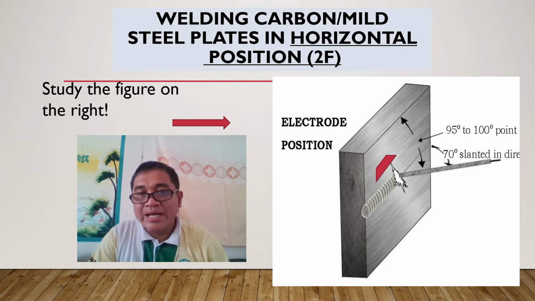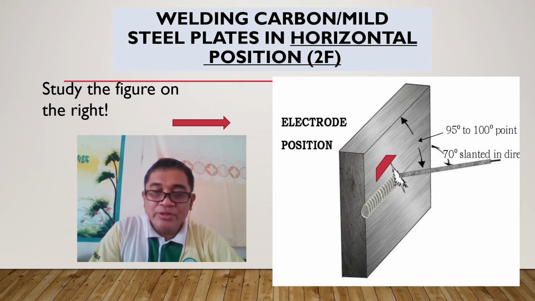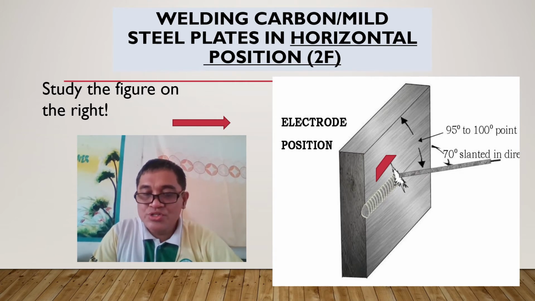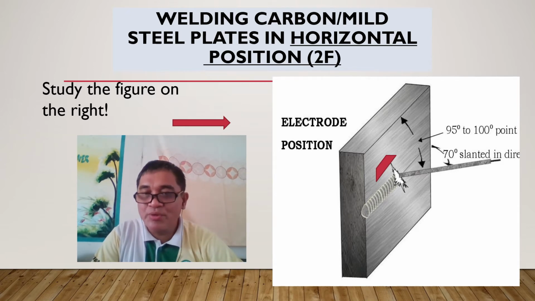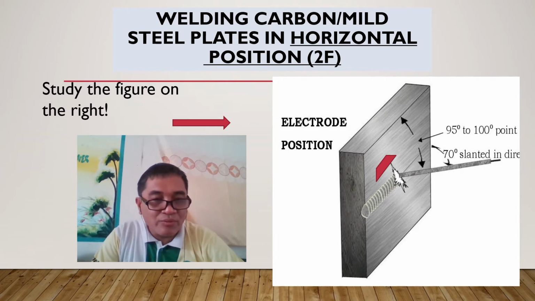So you can see there the electrode position and the materials being welded, slanted in direction 95 to 100 degrees pointing to the material being welded. So that's what we call horizontal.